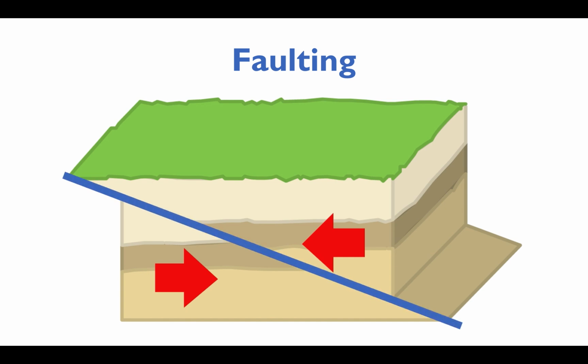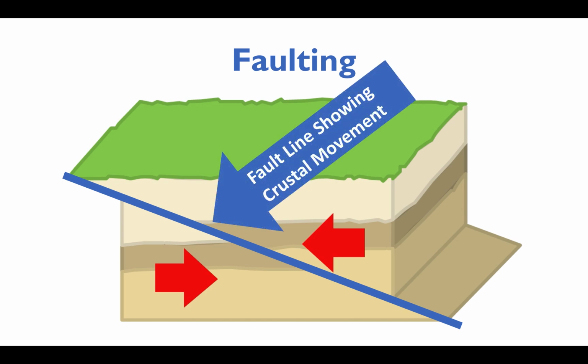Right in the middle of those arrows, we have something called a fault line. And the fault line shows that the rock layers, or the crust of the earth, has been shifted over time because of this earthquake. So you can look and see on either side of that fault that the rock layers are no longer perfectly matched up. They're no longer perfectly horizontal because of that earthquake, because of that fault line that has developed.